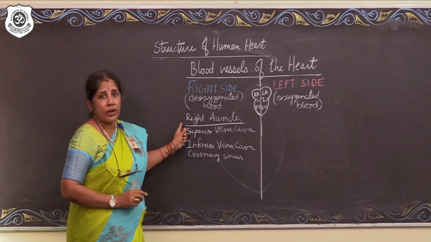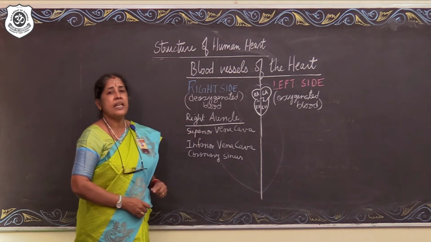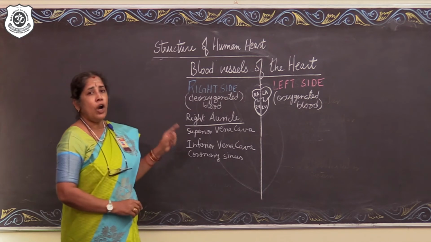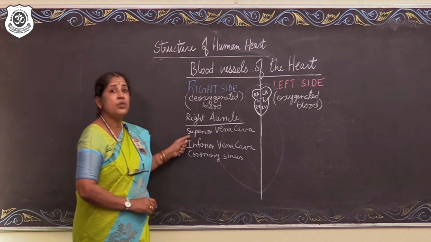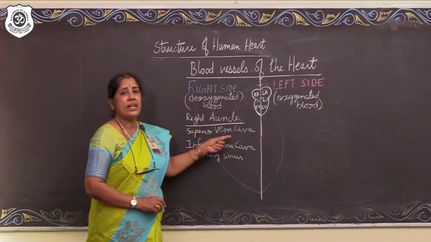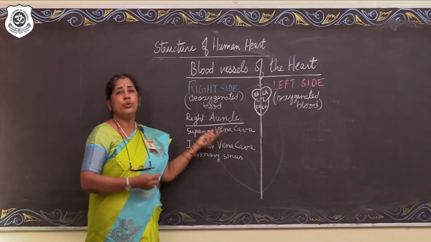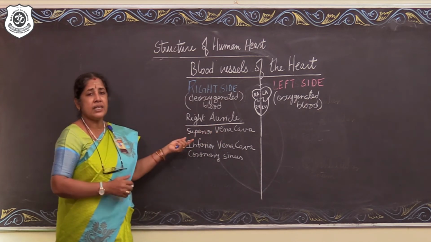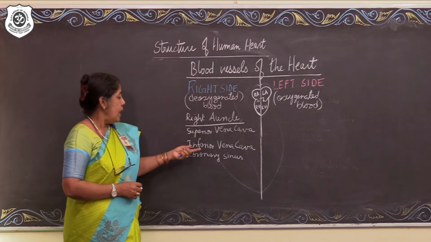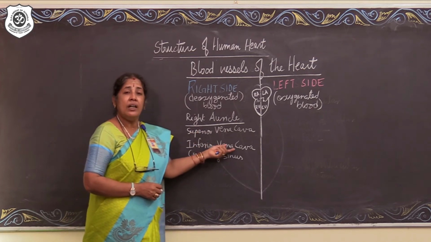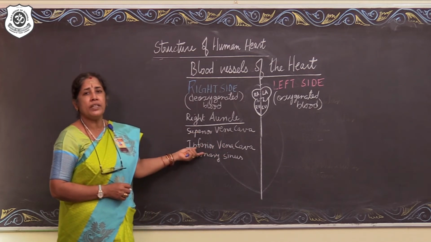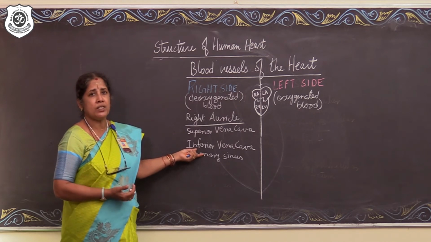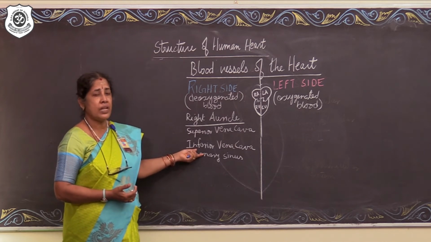So the right auricle receives deoxygenated blood brought by two large veins, the superior vena cava, which is formed by a union of many veins from the anterior parts of the body, and the inferior vena cava, a large vein which is formed by the union of many veins from the lower parts of the body or the posterior parts of the body.